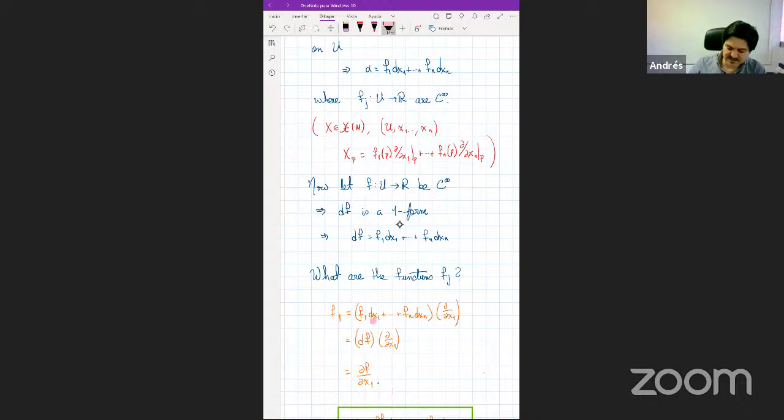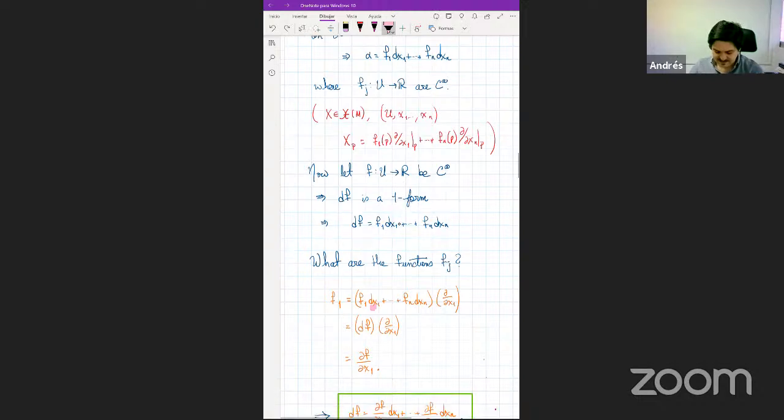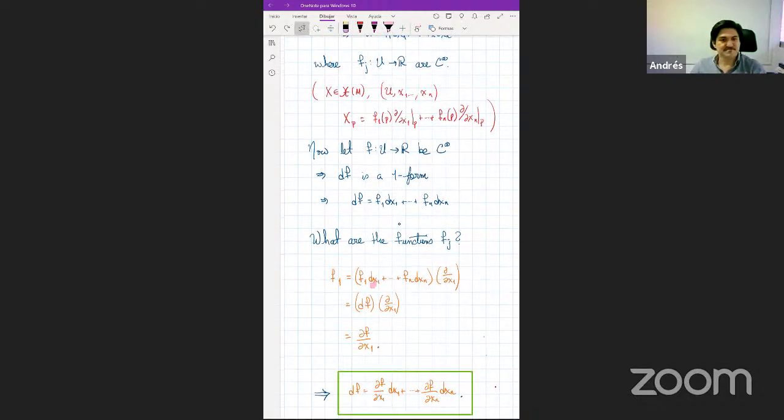we were interested in this one form. Given a function, I look at the df, and it looks like this. This one form looks exactly like this.